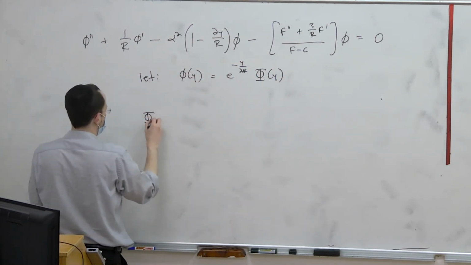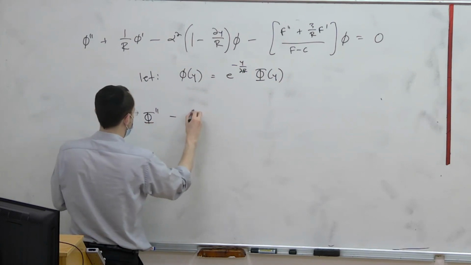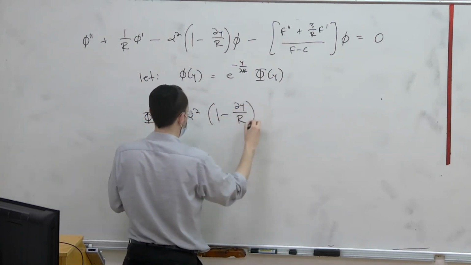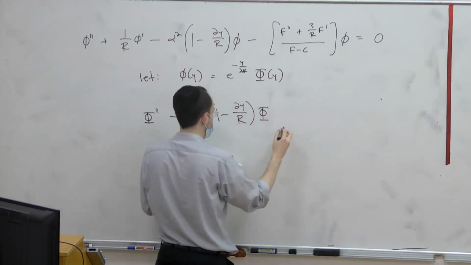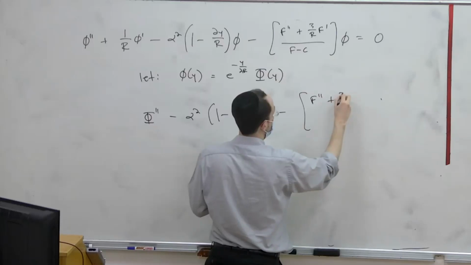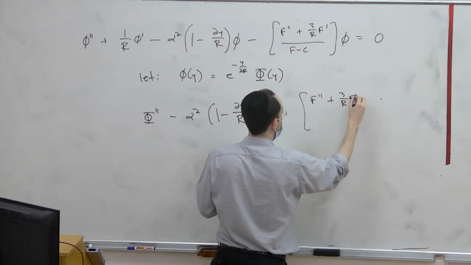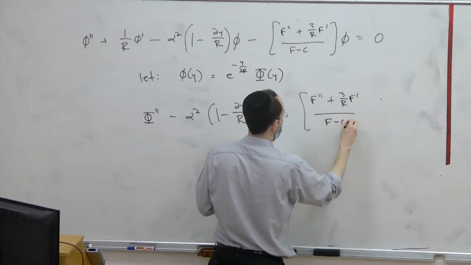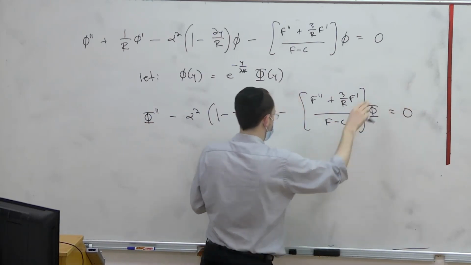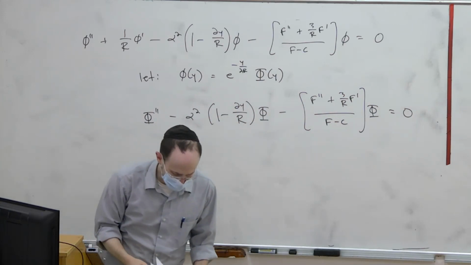Now I'll have capital Phi double prime minus alpha squared (1 minus 2y over r) capital Phi minus this whole thing, f double prime plus 3 over r f prime, f minus c capital Phi equals 0.